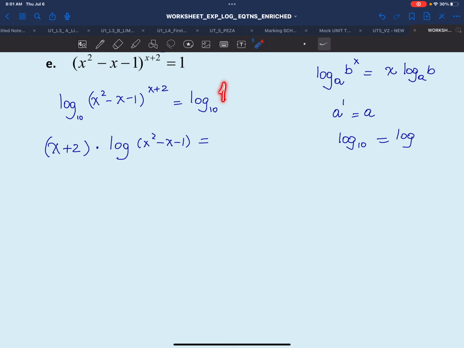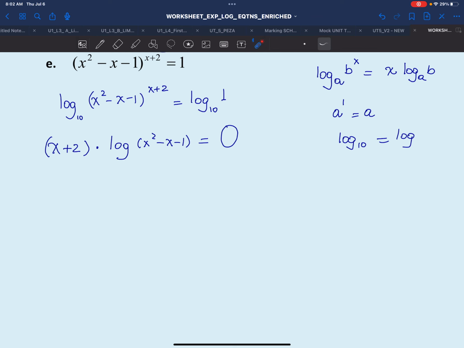This is one of the log properties: whenever you see the number 1 inside a log, the value of the entire term is 0. Or if you've forgotten the property, you can simply use the calculator and ask what log of 1 is. And if you forgot this as well, you can break it down with the change of base formula and calculate it. So we have 0 here.